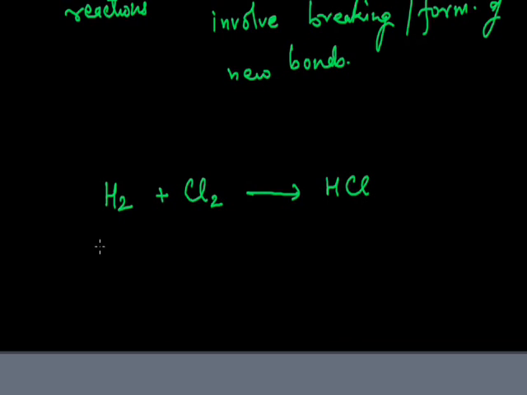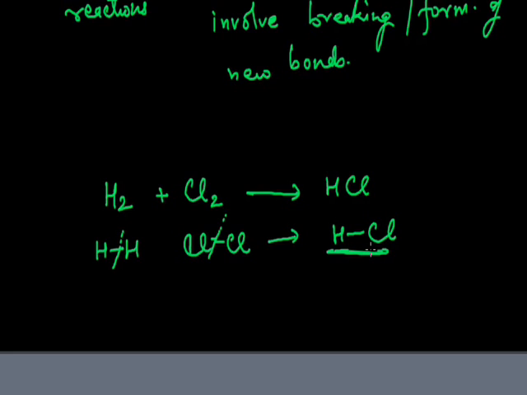Here we see that the covalent bond between hydrogen and hydrogen, and that between chlorine and chlorine, undergoes dissociation and a new covalent bond is formed between hydrogen and chlorine. This is the example of molecular reaction.